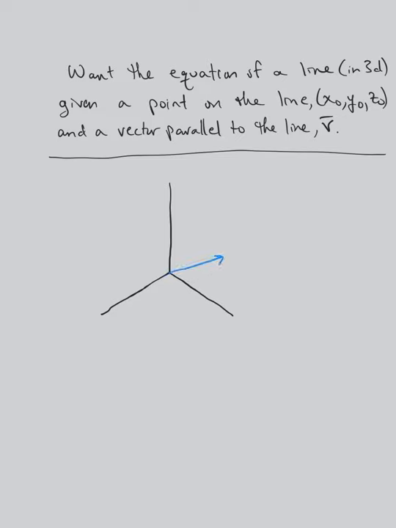Assume that it's kind of going into the screen a little bit, all right? And then we have this point x naught, y naught, z naught. So say the line has to pass through this point right here. Okay, like that. So we can see what this line looks like, right? I'm going to draw it in white just so I can write over it in a minute and you'll be able to see it. So there's a pretty good idea about what that line looks like.